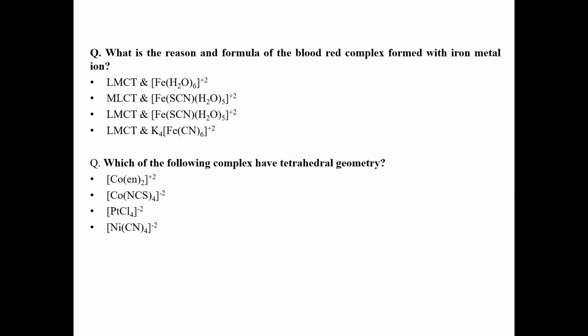So what is the reason and formula of the blood red complex formed with the iron metal ion? What is the formula for the complex that is formed, and what is the reason, that is, metal to ligand charge transfer or ligand to metal charge transfer? Just see these two problems and try to solve, because you have already solved these problems in your earlier assignments.